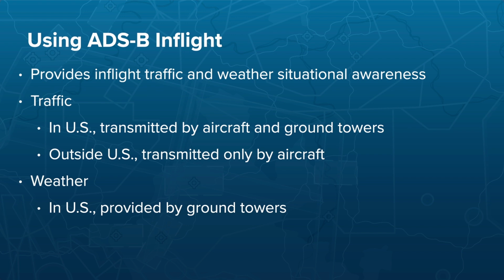For the traffic in the United States, it's going to be transmitted by aircraft and ground towers, and outside the United States, it's only going to be transmitted aircraft to aircraft. The weather in the United States is going to be provided by ground towers. Again, that ADS-B, it's an American thing. If you're outside of America, you probably have your own different types of sources for weather. I know that for traffic in Europe, you have something called FLARM, which is available if you use the Sentry Plus.